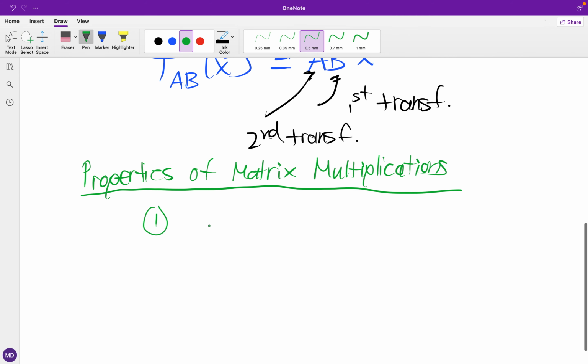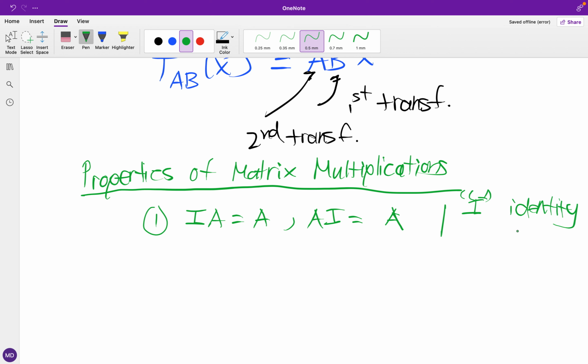The first property is that I times A has to equal A, and A times I has to equal A. In other words, if you take the identity matrix and multiply by your matrix, it doesn't matter which side it's on, it will always equal your A matrix.